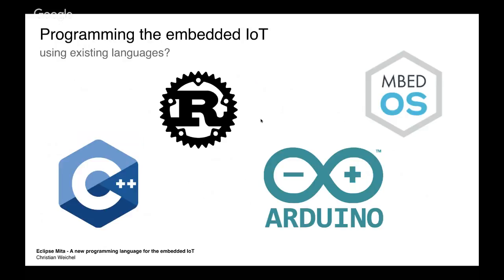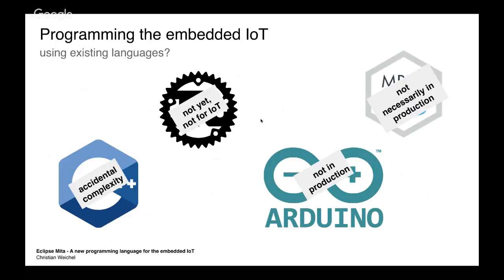Rust is a really interesting contender in that space, and the Rust embedded working group is just forming or has formed. But even there in Rust, we get a lot of nice guarantees, yet, for example, the event-based programming style that Mita offers is not found in there. Then there's Arduino and Mbed, which are both based on C++, and so we end up in that corner again.